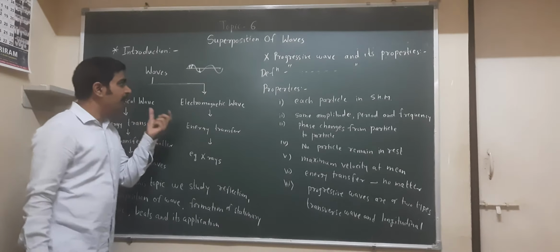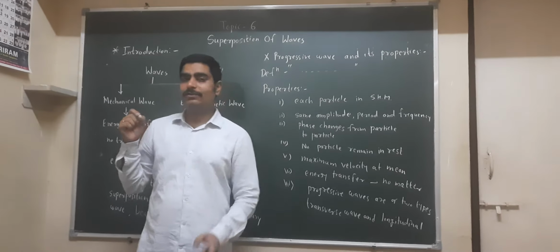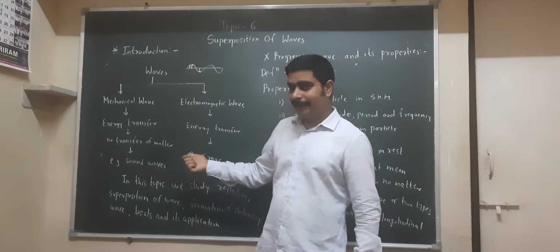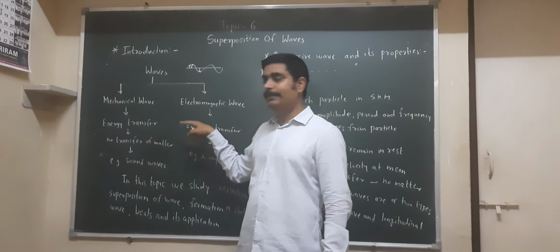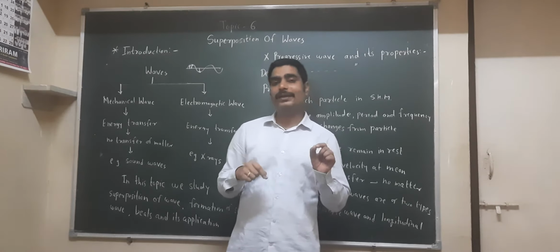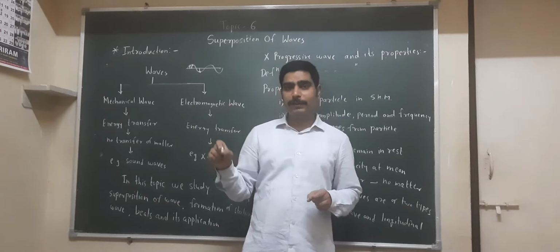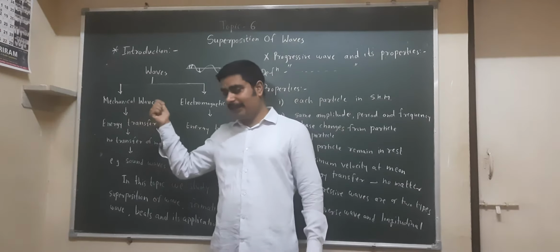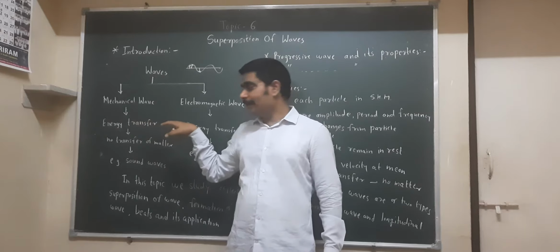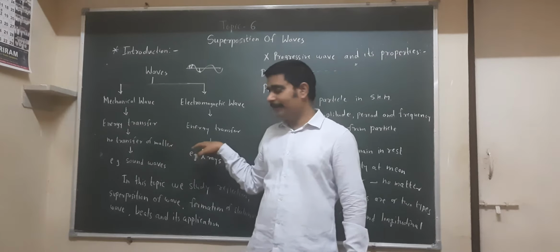So remember, in mechanical waves there is no transfer of matter, only energy is transferred. So what are mechanical waves? The waves which require a material medium for propagation are known as mechanical waves. In mechanical waves, energy is transferred, but there is no transfer of matter.